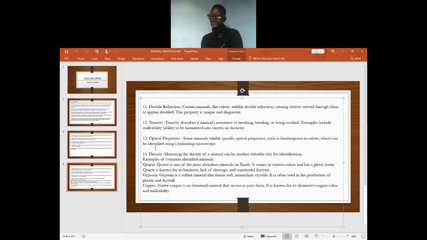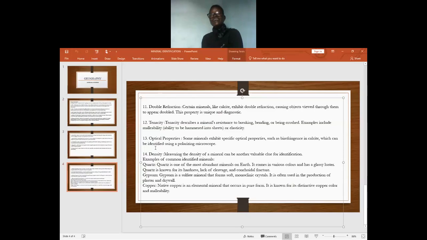For example, we have common minerals like quartz, gypsum, and copper. Quartz is one of the most abundant minerals on Earth. It comes in various colors and has a glassy luster. It's known for its hardness, lack of cleavage, and conchoidal fracture. Gypsum is a sulfate mineral that is soft.